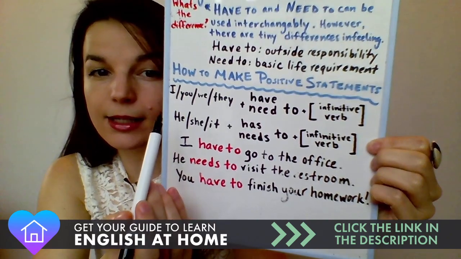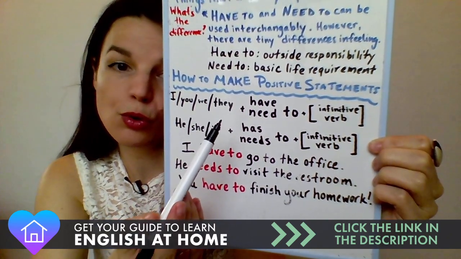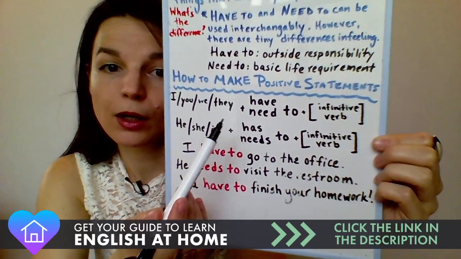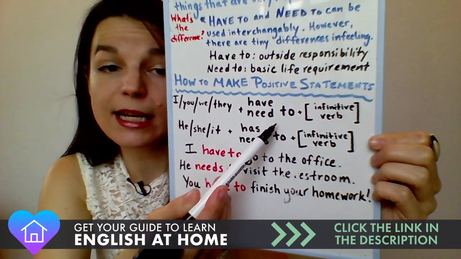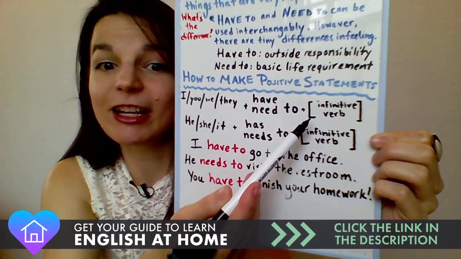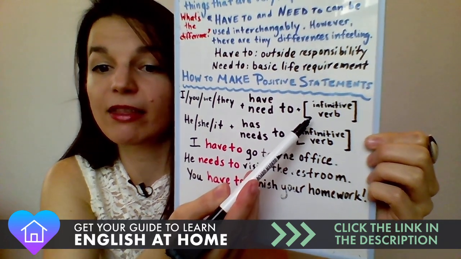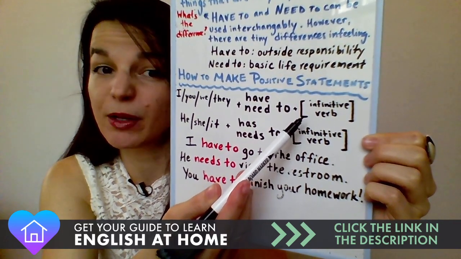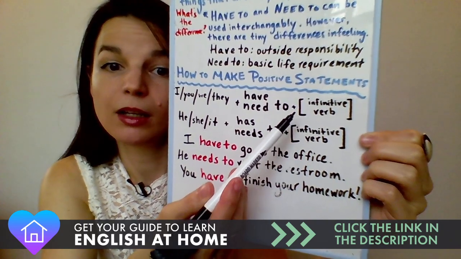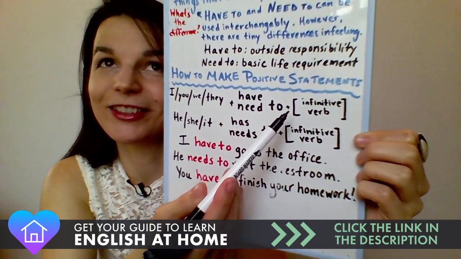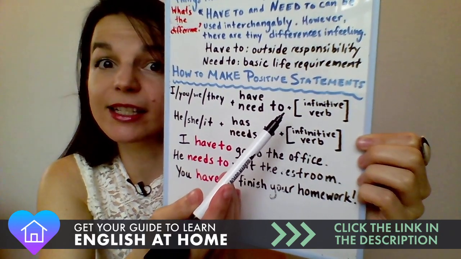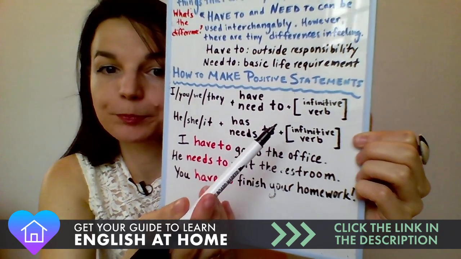If your subject is I, you, we, or they, we follow this with have to or need to, plus the infinitive form of the verb. So again, the infinitive form of the verb means just the basic form of the verb. So go, or eat, or fly, whatever. So just the basic dictionary form of the verb is here.